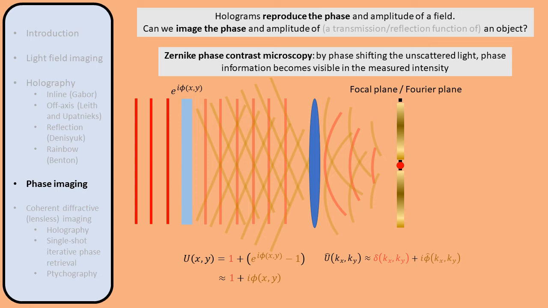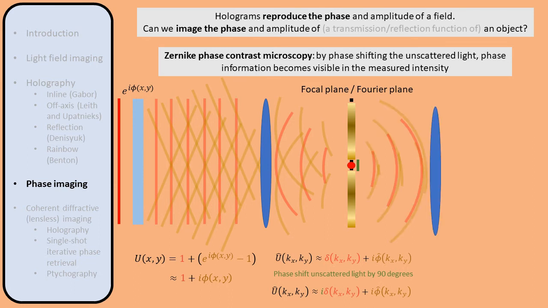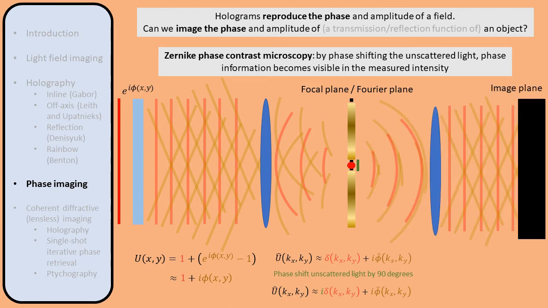Here comes the crucial part of Zernike phase contrast microscopy. The unscattered light is phase shifted by 90 degrees. Mathematically, this means that the focused unscattered field is multiplied by i. We now introduce a second lens to perform another Fourier transform in the image plane. The intensity we measure there is given by the squared modulus of the field.